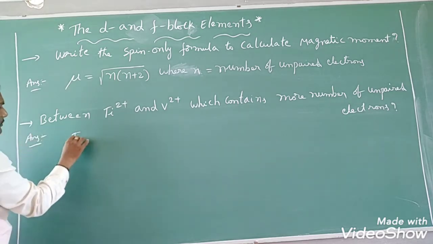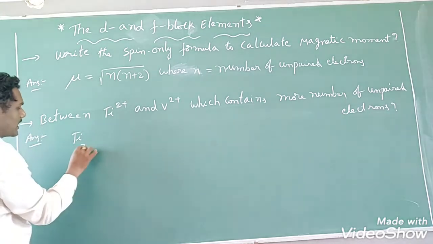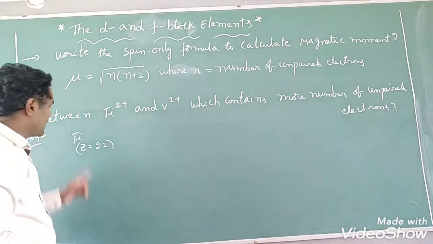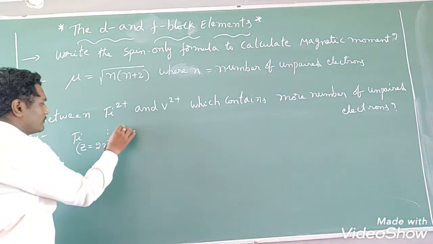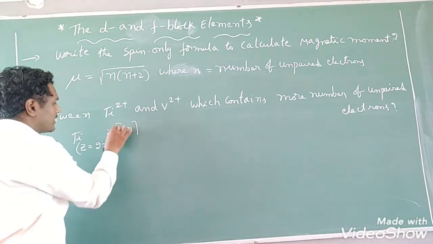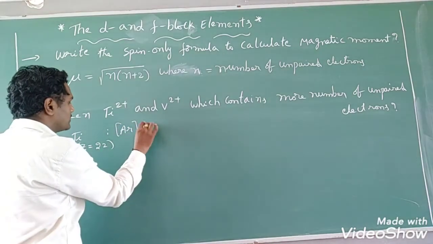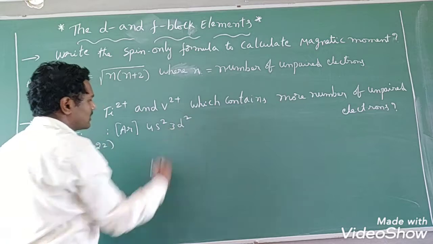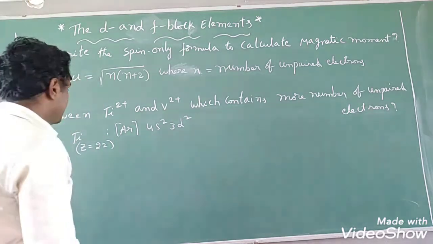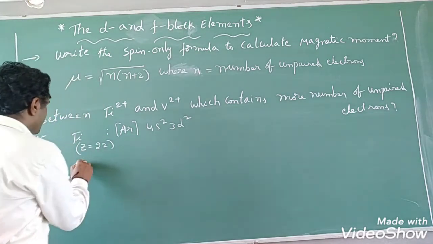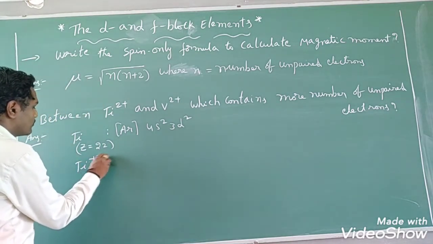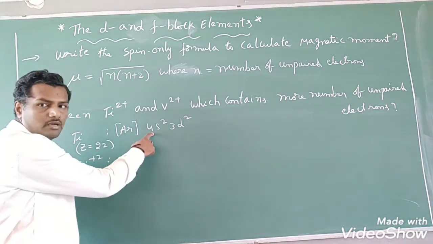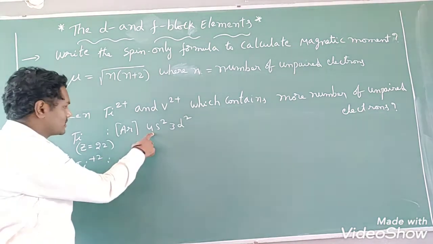Titanium plus 2. The atomic number of titanium is 22, right? The electronic configuration of titanium is argon 4s2 3d2. For titanium plus 2, 2 electrons are lost from the fourth shell, the last shell.